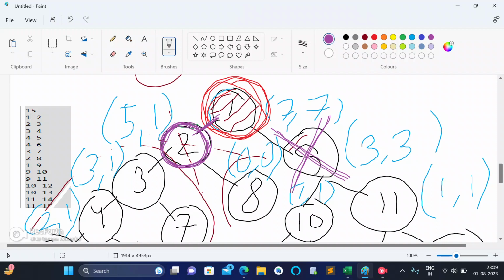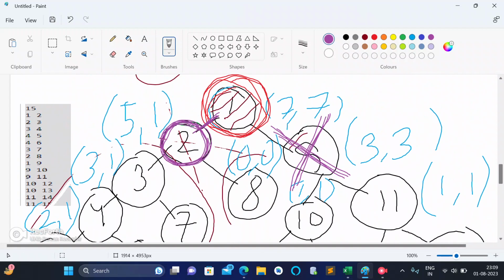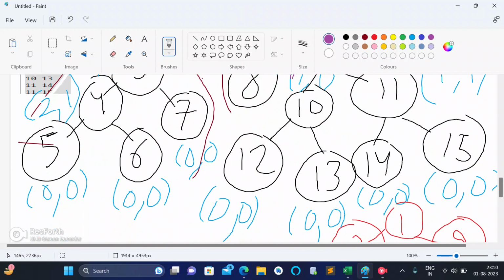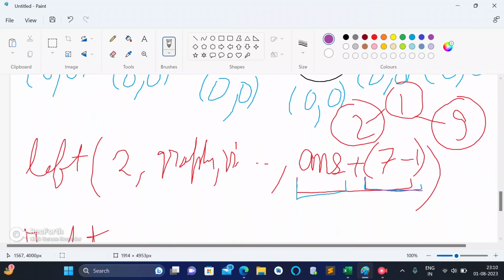Again, when I do a recursive call on the left side, what I am thinking in my mind is that I am making a call on the left side because I removed the right child, that is 9. If I remove the right child, 9, it means I have saved 6 out of 7 nodes. The 7 nodes are present on the right of it. I have removed 9, so the number of saved nodes is 6. That's why I have written 7 minus 1, that is 6.